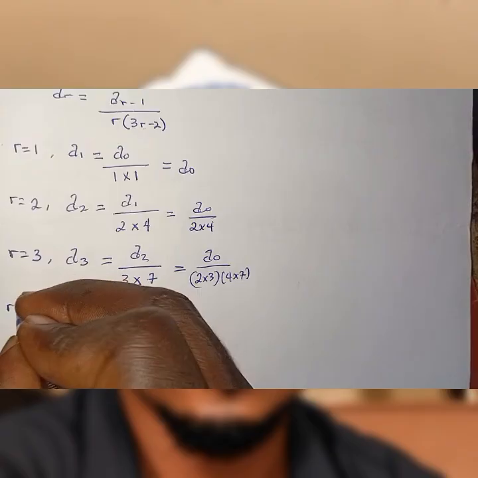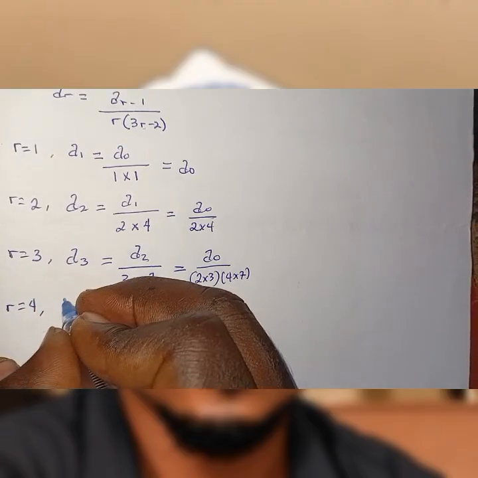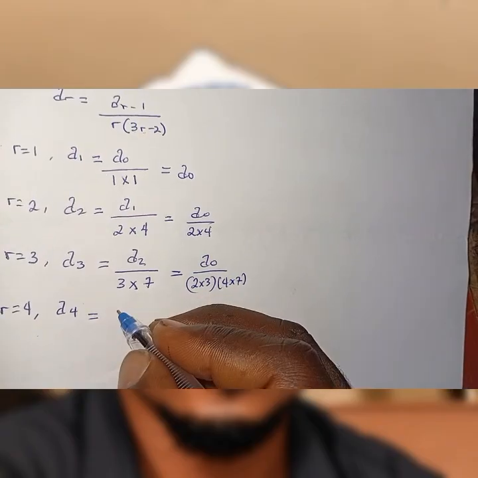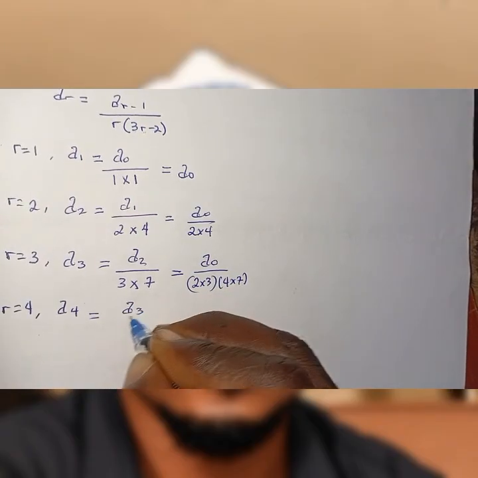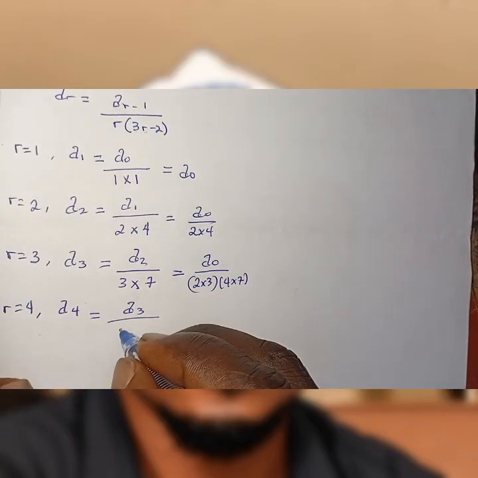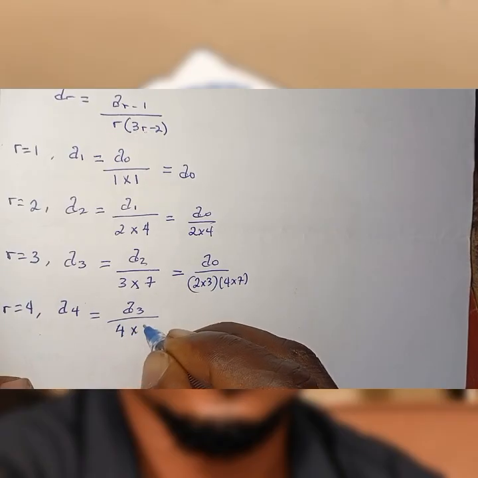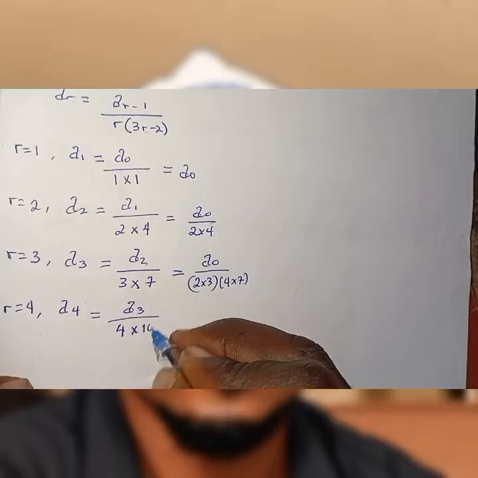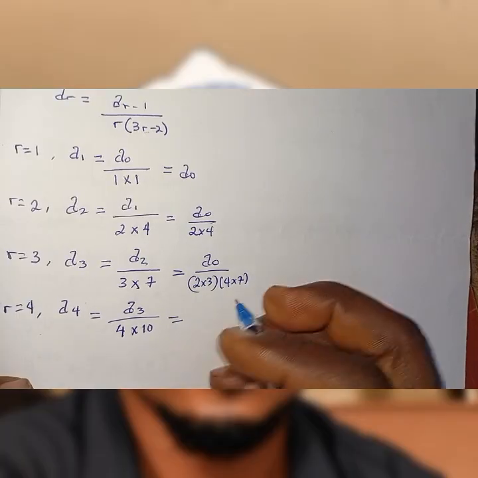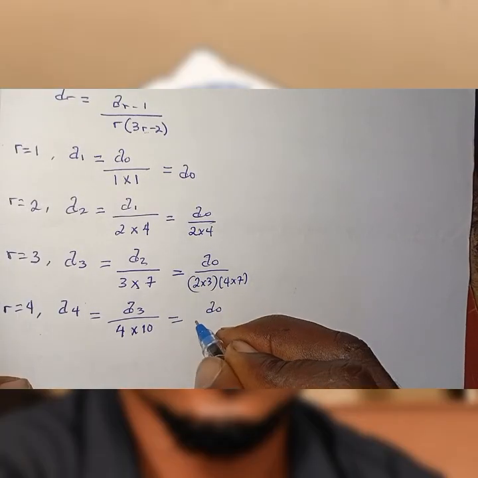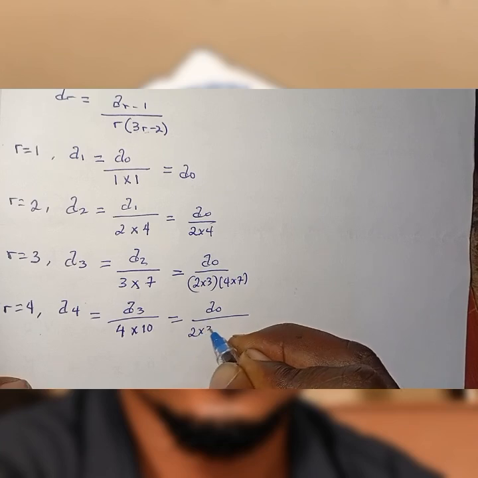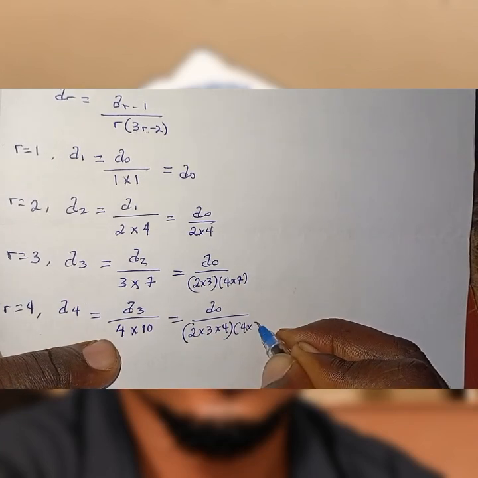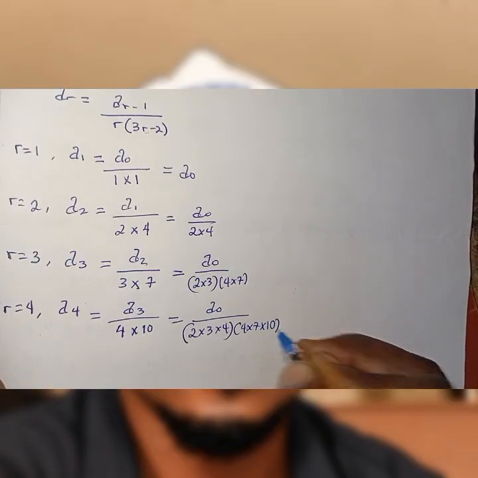Now when r equals 4, you have a4, that will be a3 over 4 multiplied by 4 times 3, 12 minus 2, so you have 10, which is the same thing as a naught over 2 times 3 times 4, 4 times 7 times 10. So we have that.